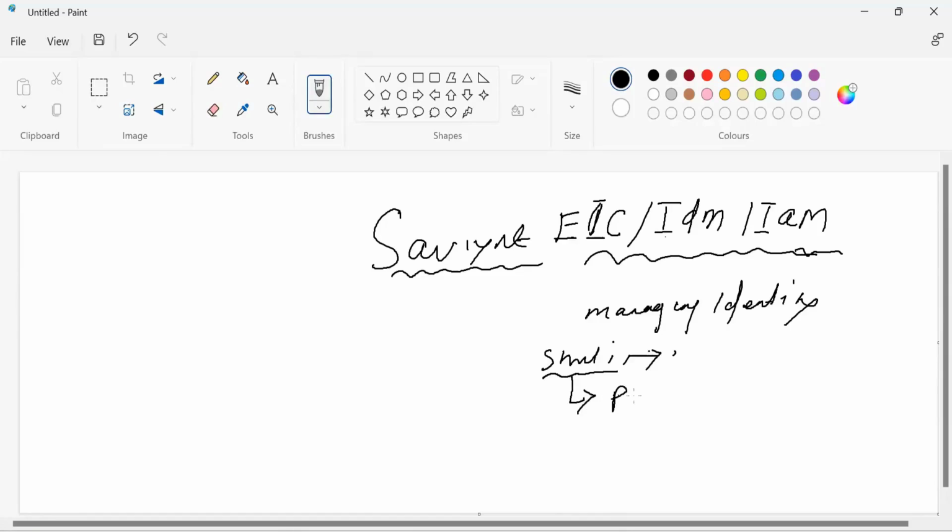You would show me a PAN card or an Aadhaar card. You guys agree with me, right? So then, what is the identity used for in Saviynt?